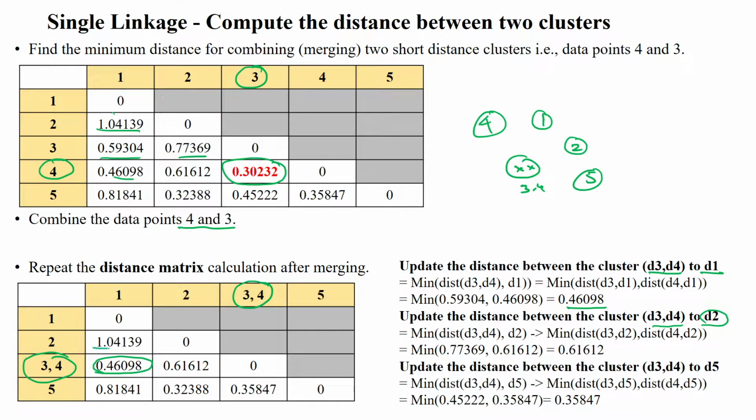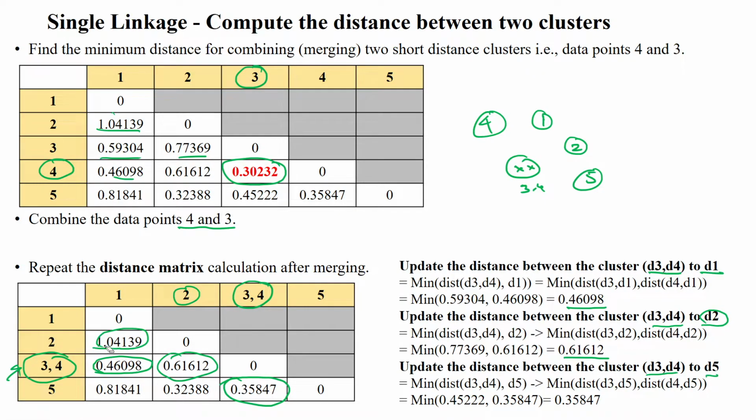Then d3 comma d4 to d2, this one is 0.61612. Then the distance between the cluster d3 comma d4 and d5, the data point here. So only these values are updated.